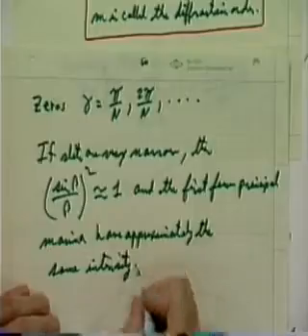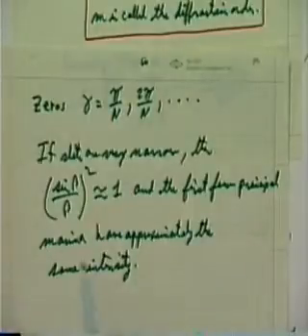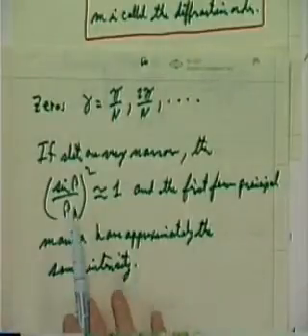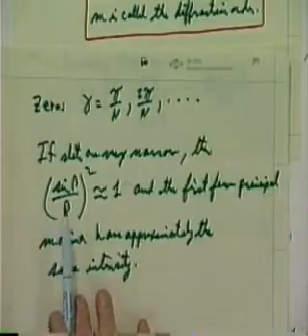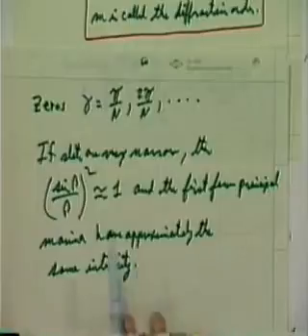And if the slits are wide, then this is going to cause the principal maxima to reduce in intensity. And I think we'll see some results of that in a minute here.